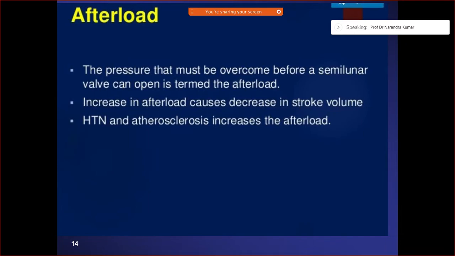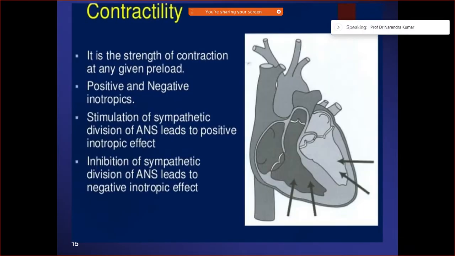So now how about the contractility? I think we all will recall it's the strength of contraction at any given preload, in fact. Yes, it can be dependent on the positive or negative inotropic drugs as well, which can be administered for different physiological or pathological conditions.